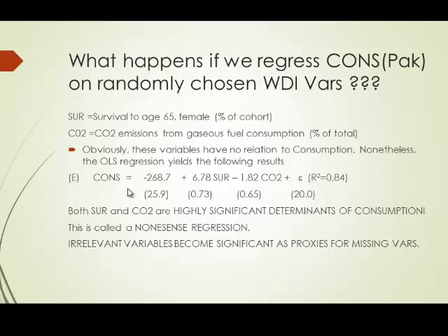And the reason for this can be understood by mathematics, but it's basically that when the variable is missing, then any included variable acts as a proxy for the missing variable. So however much this variable is correlated with the missing variable, that is the way that it will come into the regression, and it will become significant because the significant thing has been missed, so it acts in its place.